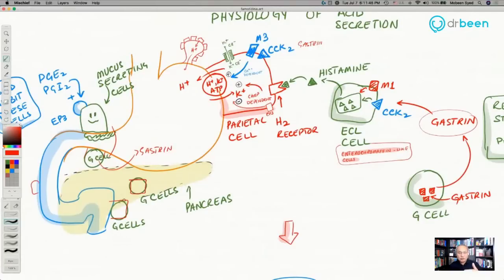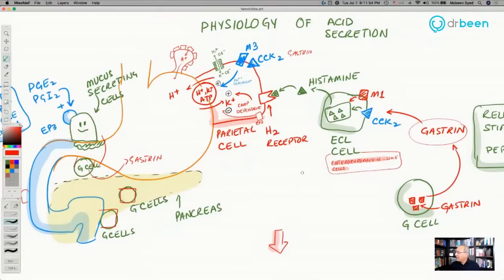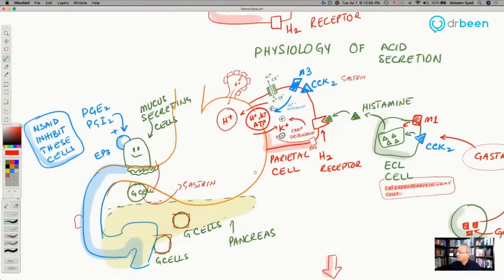G cells in turn would release gastrin. Gastrin would go and act on enterochromoaffin-like cells or ECL cells in the stomach wall. And those ECL cells would in turn release histamine. Histamine would then work on the parietal cells and ask them to release hydrogen ions. Hydrogen ions in turn will then help digest the food.